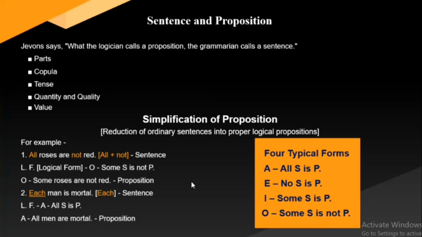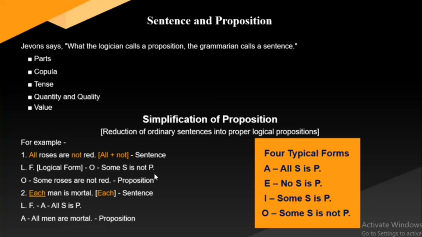The logical form of a proposition is some S is not P. So we have a proposition with particular quantity some and negative particle not. Now we are to transform the sentence all roses are not red into a proposition.